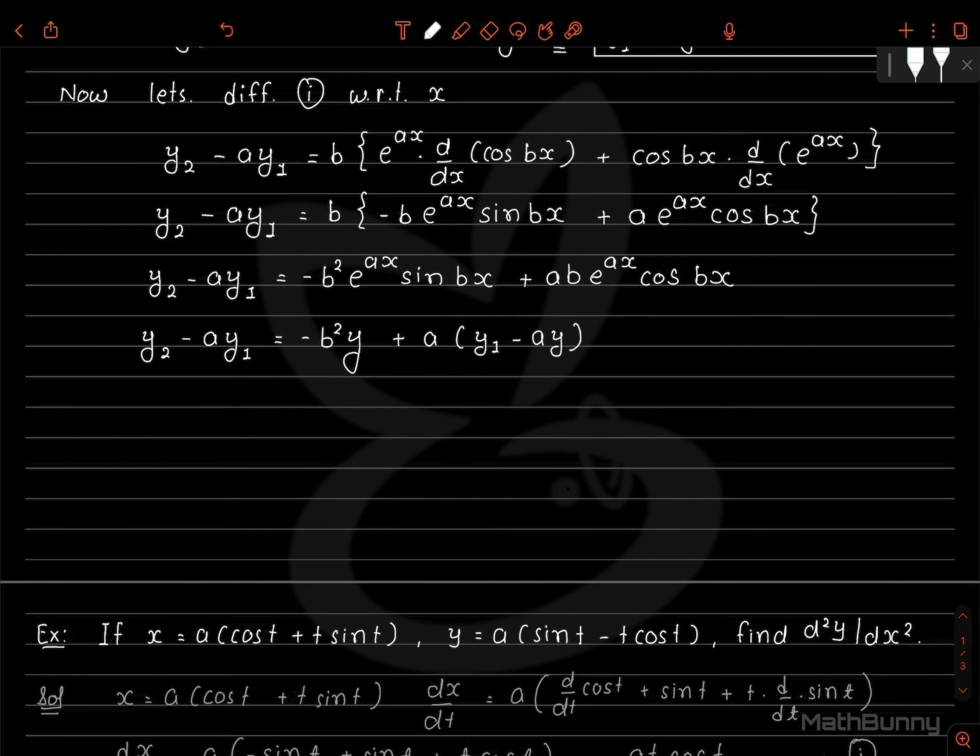Now let us simplify this one. y2 minus ay1 is equal to minus b square y plus ay1 minus a square y.